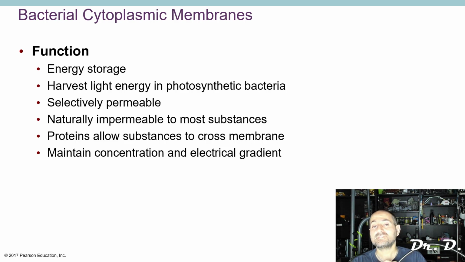So bacteria use their membranes for energy production to make ATP. It has the ATP synthase. It has the electron transport chain. It keeps what's inside inside. It keeps what's outside outside. It's selectively permeable. Again, it selects for what it allows in the cell, and it selects for what it allows out. Okay, it's very important stuff to understand.